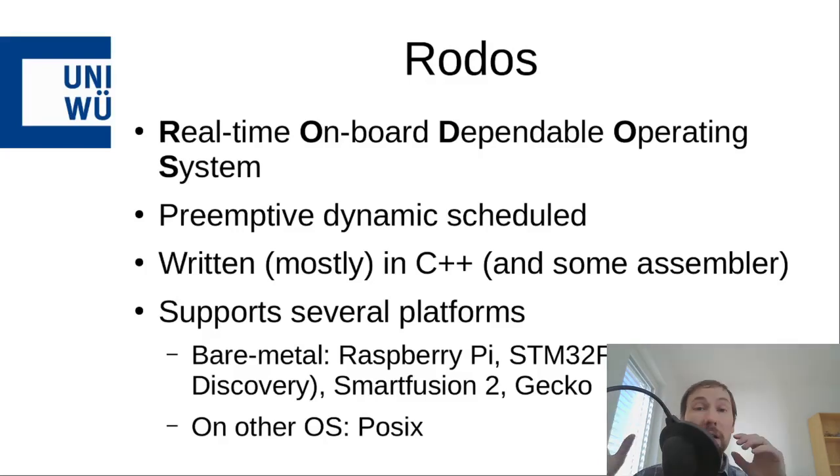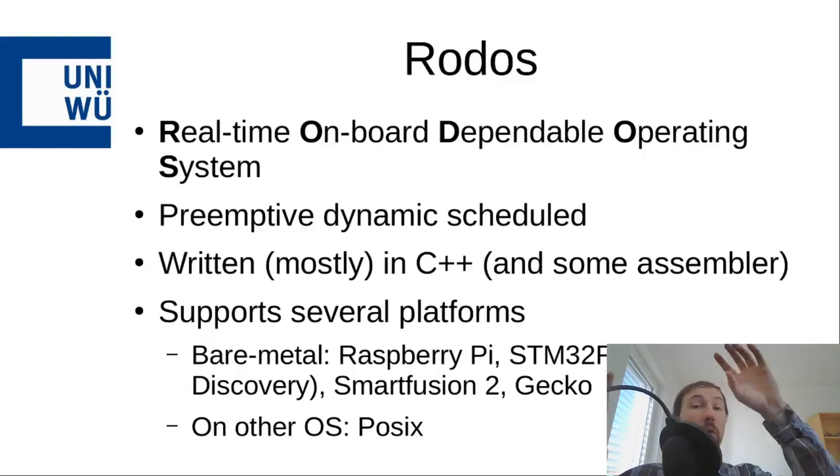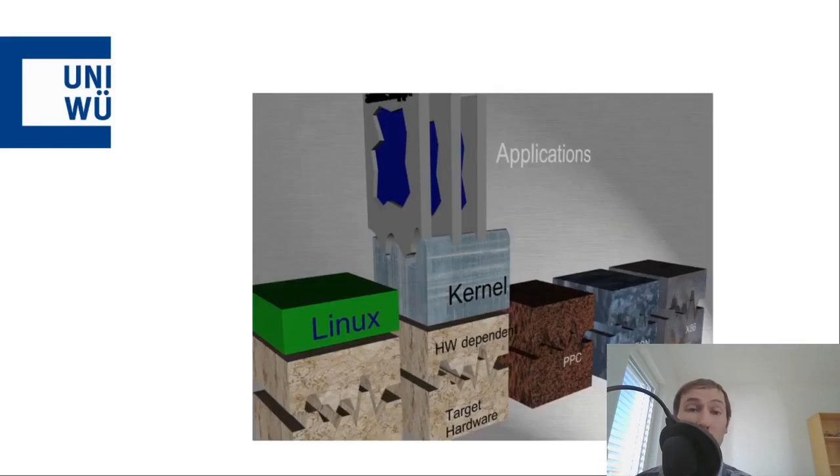And on the other side, Rodos is also capable of running on existing operating systems, for example, on POSIX operating systems, such as Linux. This makes it possible to develop and run the application on your desktop computer, but you can also compile it then on bare metal and run it on the target platform.